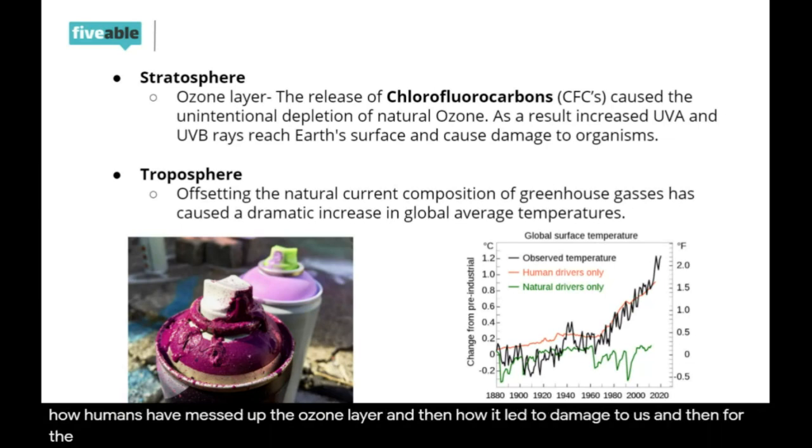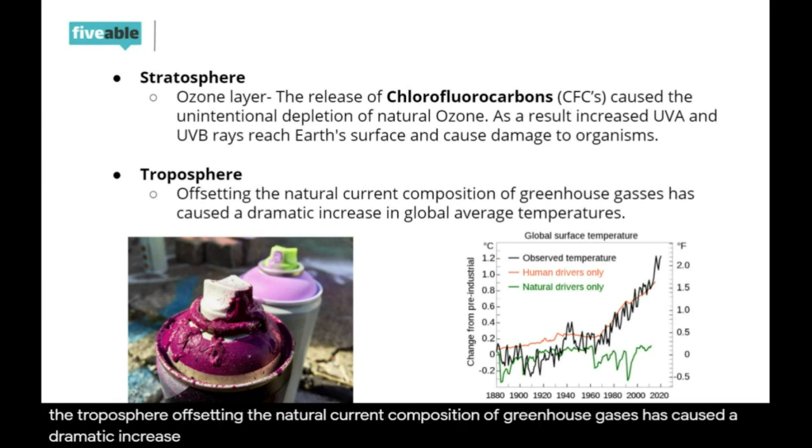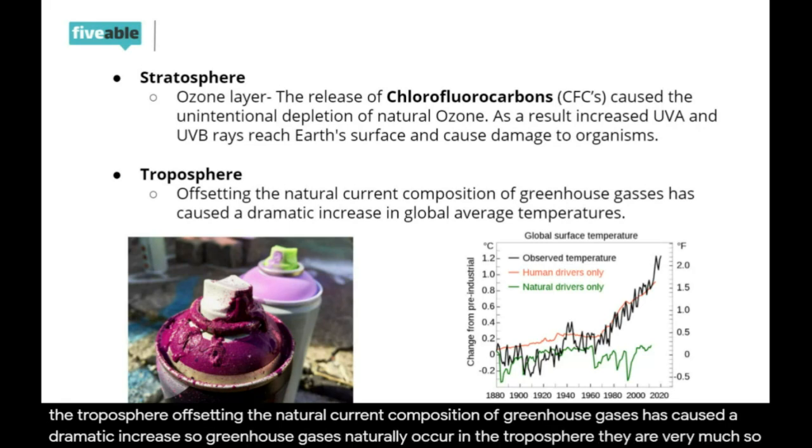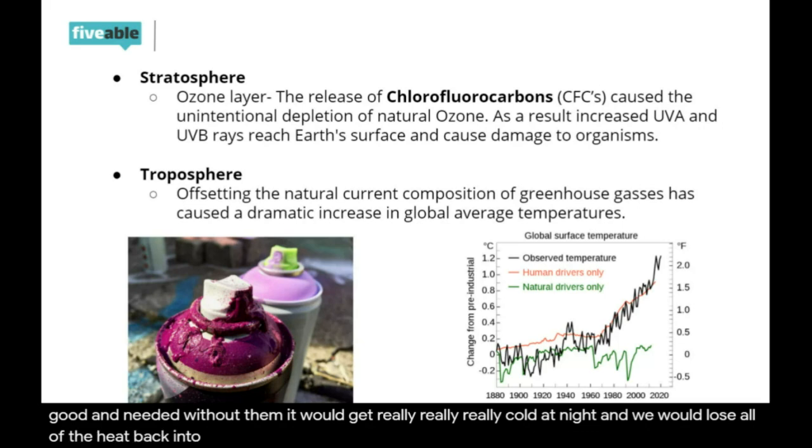And then for the troposphere, offsetting the natural composition of greenhouse gases has caused a dramatic increase in global average temperatures. So greenhouse gases naturally occur in the troposphere. They are very much good and needed. Without them, it would get really, really cold at night, and we would lose all of the heat back into space.